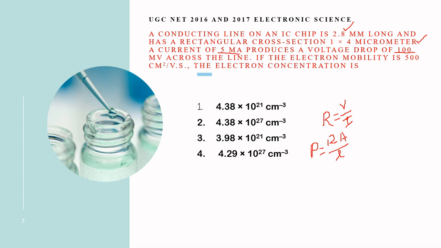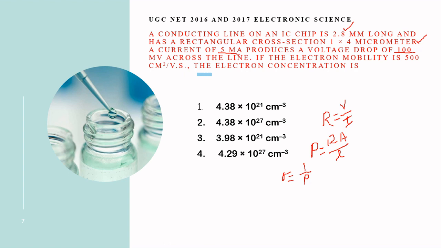The 1 into 4 micrometer is the cross sectional area, that means this is the value of A. And here we solve for the R value. So from here we get the resistivity value, right? Once we have the resistivity value, we will get the electrical conductivity, that means sigma equal to 1 divided by rho.